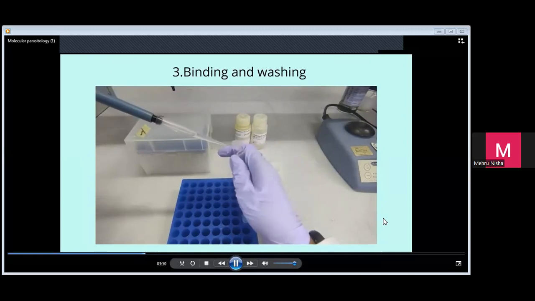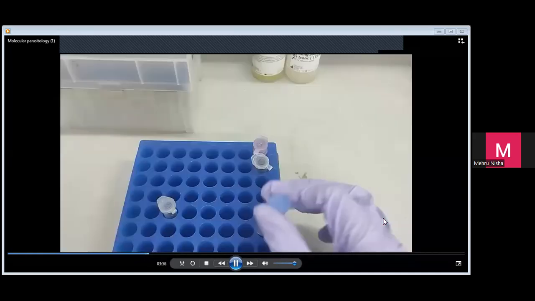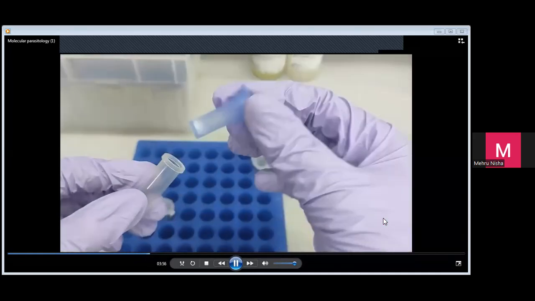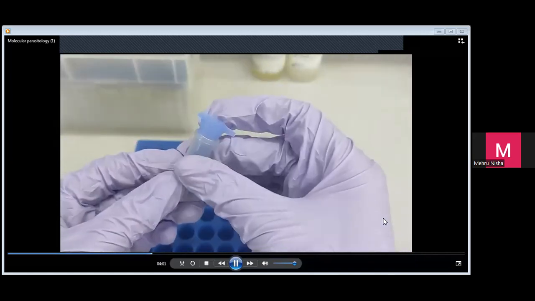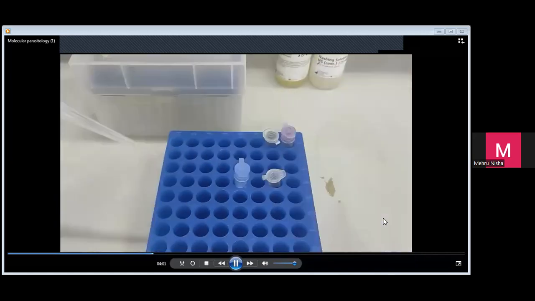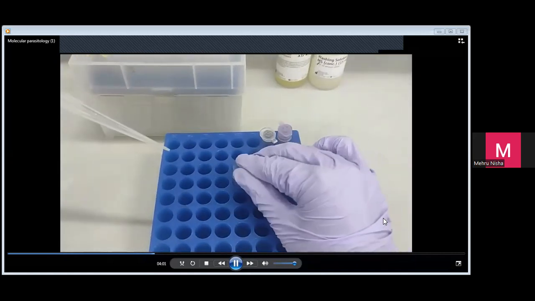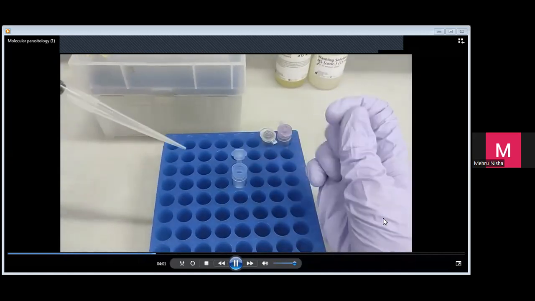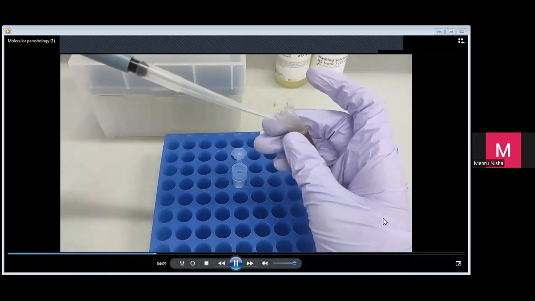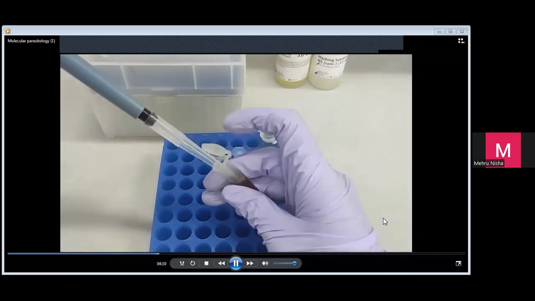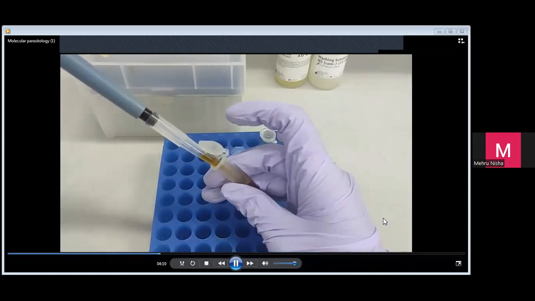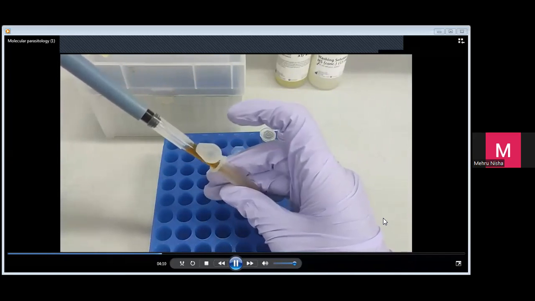Then we do our washing and binding process. For the washing and binding solution we use alcohol. The formulation is already mixed with alcohol. A few times you have to wash. Okay, now we put in the collection tube that has the membrane.